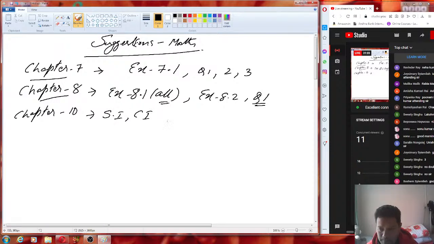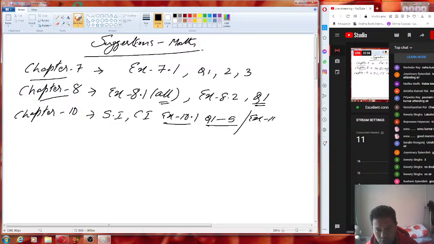Important thing first. Then after that, your exercise 10.1. In this case, from questions 1 to 5 only in exercise 10.1.